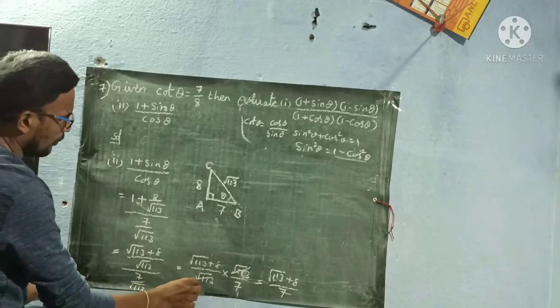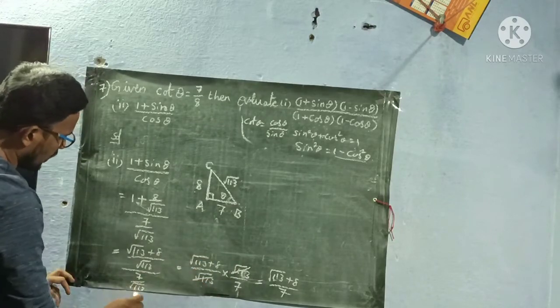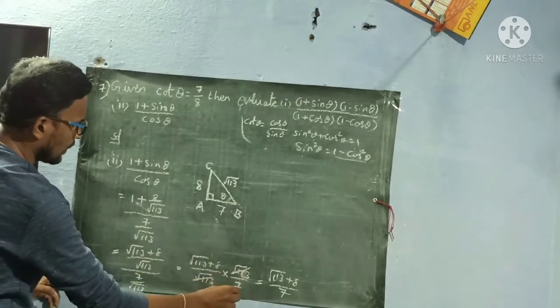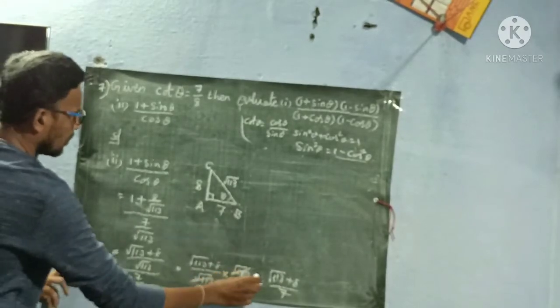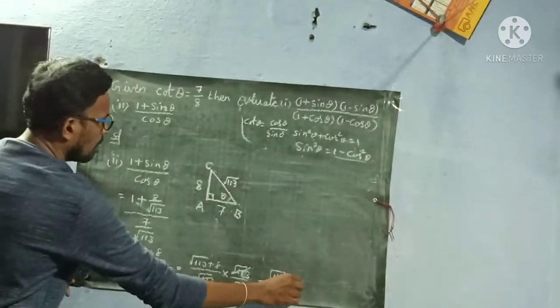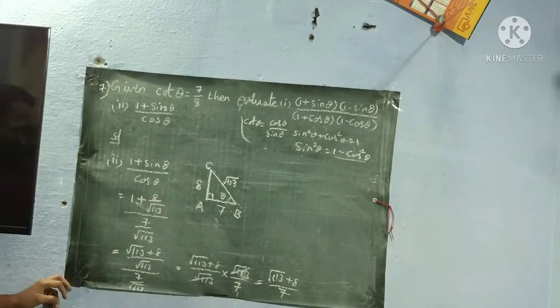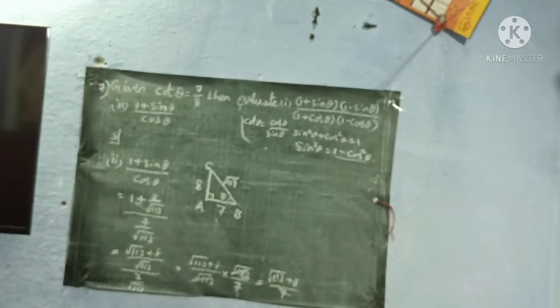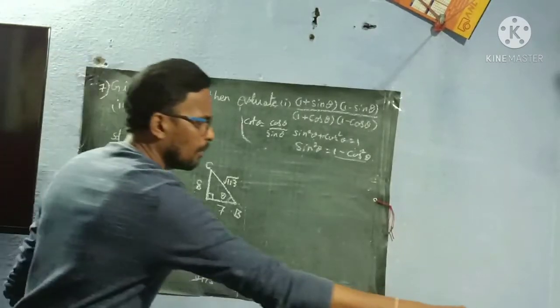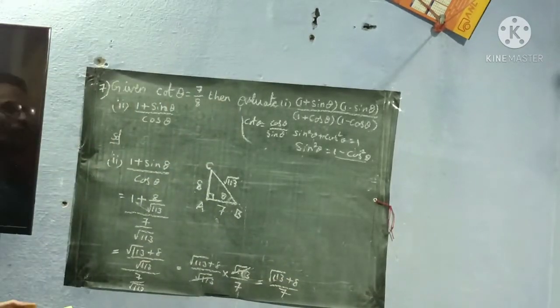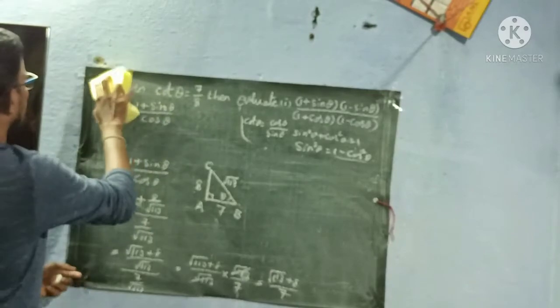Afterwards this numerator as it is and the denominator becomes reciprocal, that is root 113 by 7. So here root 113 gets cancelled, so (root 113 + 8) by 7, this is the answer. So now with this we have completed our 7th problem. Let us move to our 8th problem.